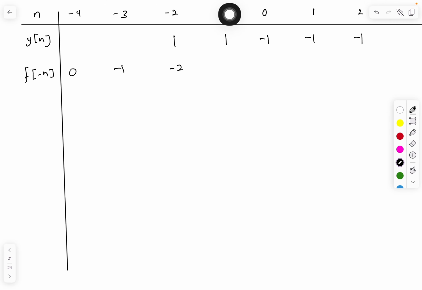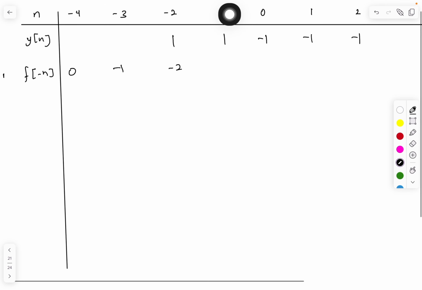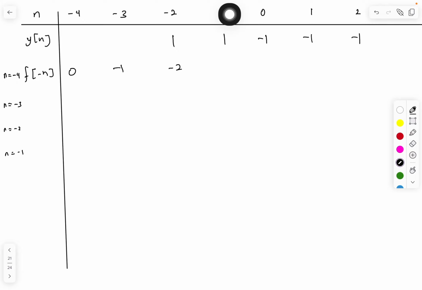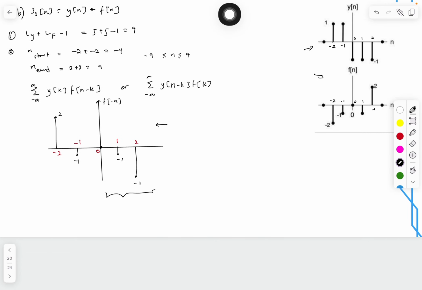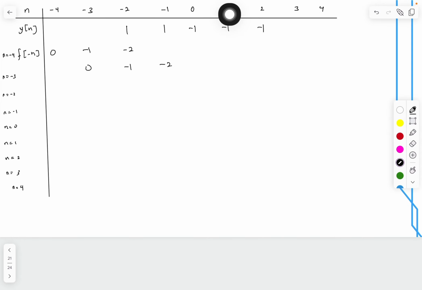So from the first line here, we will get the value at n equal negative 4. And then n equal minus 3, n equal minus 2, n equal minus 1. In every row, we're going to shift the signal to the right. So again, after we shift at n equal minus 3, this 0 is going to come here. So 0, and then minus 1, minus 2. And now the amplitude at minus 4 is going to be this minus 1.